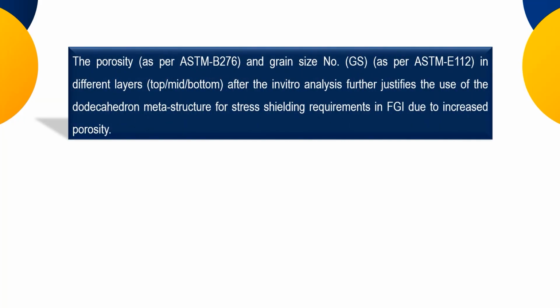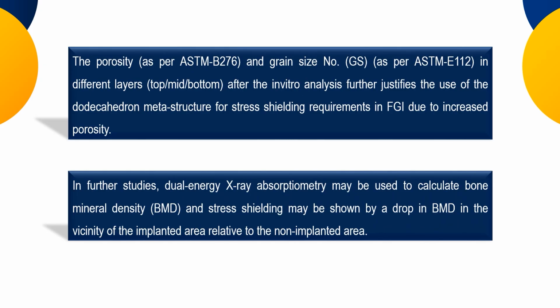Accordingly, we use ASTM B276 for the porosity analysis and ASTM E112 for the grain size number analysis, and we try to correlate how the in vitro behavior of the dodecahedron is related to the porosity and to the grain size, and we can have a suitable solution for addressing the stress shielding problem.